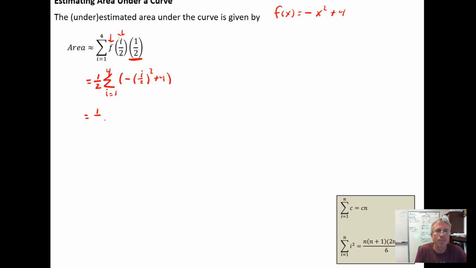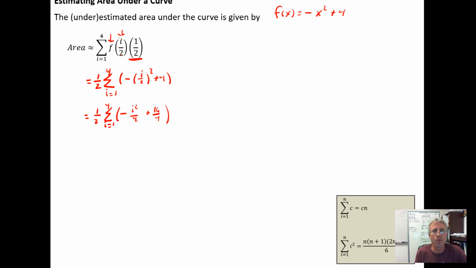This is the sum, this 1/2, the sum from i equal 1 to 4 of the opposite of i squared over 2 squared, which is 4, plus 4. And if I wanted to, I could rewrite this 4 using a denominator of 4. So 4 could be replaced with 16 over 4.